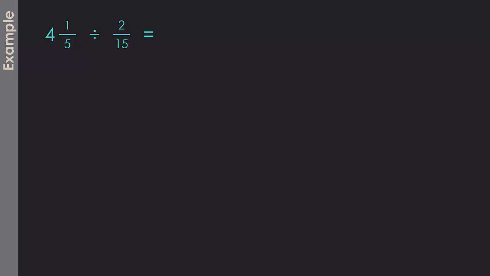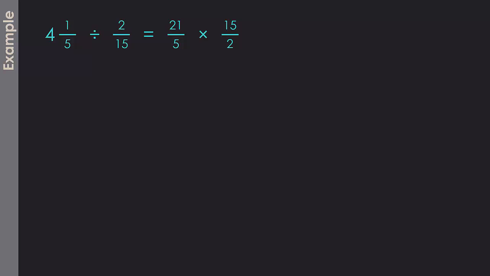So 4 and 1/5 we change to 21 over 5. 21 over 5 divided by 2 over 15 equals 21 over 5 times 15 over 2. You have to flip the second fraction. So the reciprocal of 2 over 15 is 15 over 2. And the division symbol we change into the multiplication symbol.